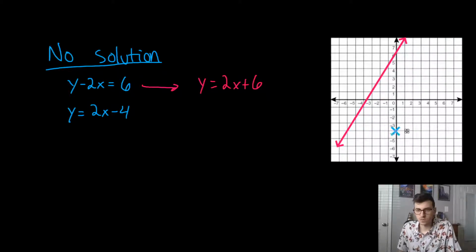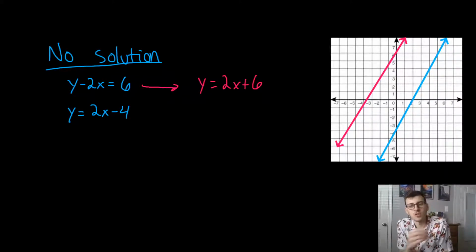Here's negative 4, that's our starting point, and we go up 2 over 1. So we do something like this. And notice those lines are never intersecting. Another name for those is parallel lines. If my lines never intersect, then we have no solution.